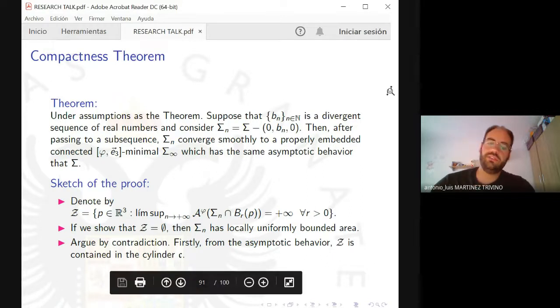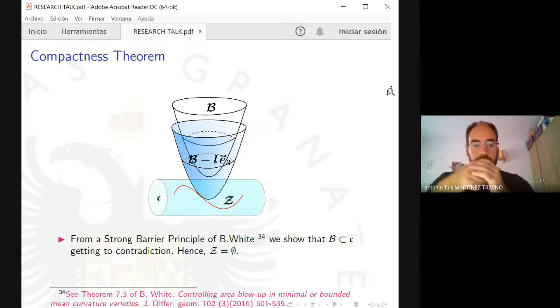Firstly, from the asymptotic behavior, we can prove that this set is contained in the cylinder C. Now, because phi is a strictly increasing convex smooth function with quadratic growth, we can find a first phi3 ball outside of the cylinder. Now, if we translate in the direction minus E3, we can find phi3 balls with another phi.